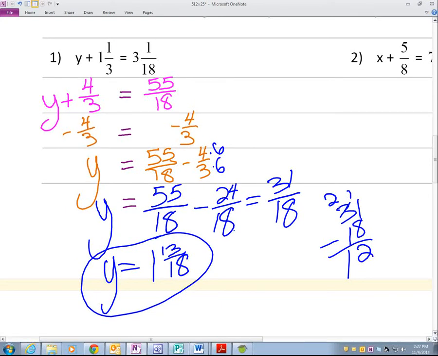I got 13. It's 13. I don't know what I was just doing. It's 13, because if you add 18 plus 13, you get 31.